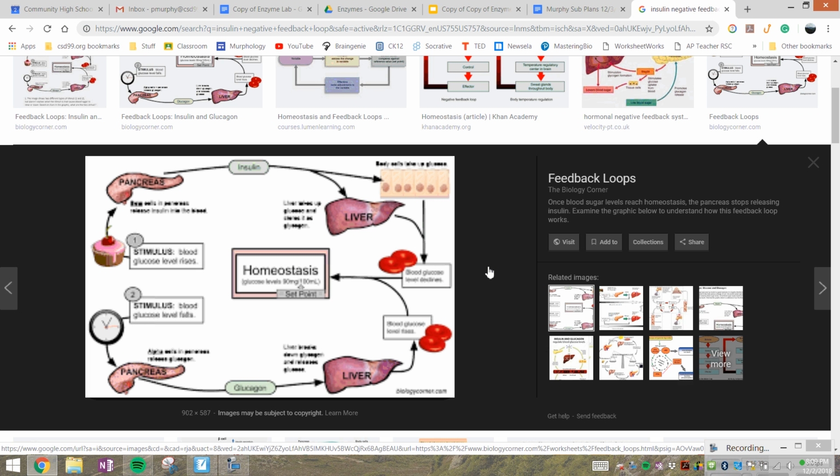Your body maintains a certain amount of blood sugar, and this is one example of homeostasis. If you were to eat something like a cupcake, the amount of sugar in your blood would go up. Your pancreas would sense that and start making a protein called insulin that goes into your blood, pulls that sugar out, and then returns it to the cell, lowering the amount of sugar in your blood.